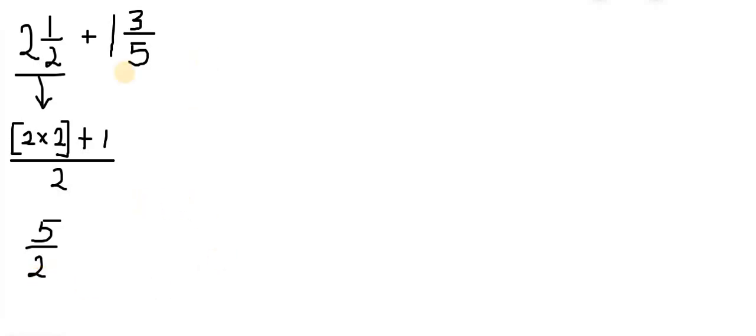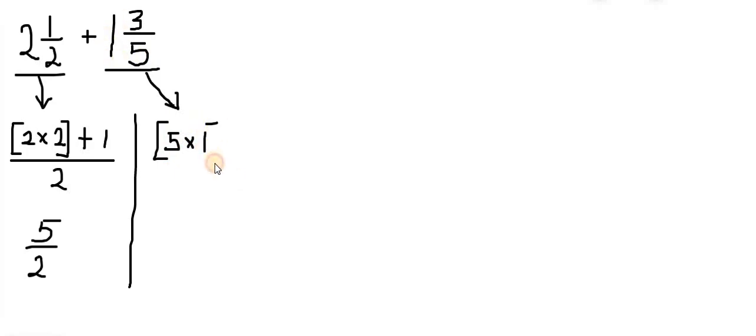Okay? And in the case of 1 3 over 5, it would be the bottom number, 5, times the whole number, which is 1, plus the top number of the proper fraction, that's 3, all over 5.